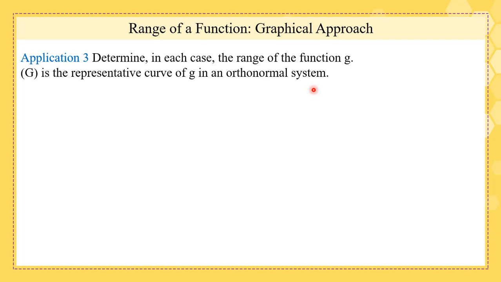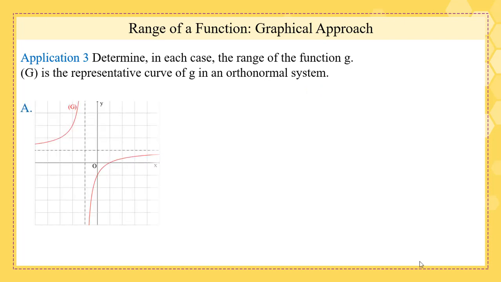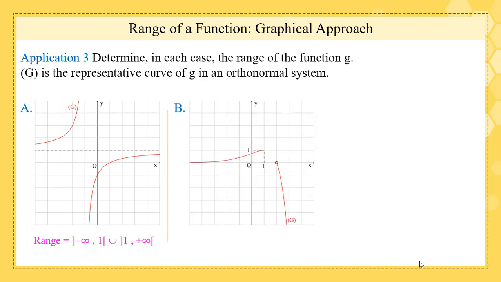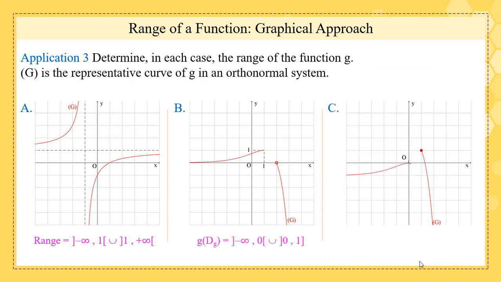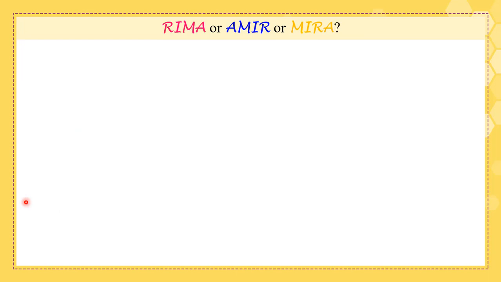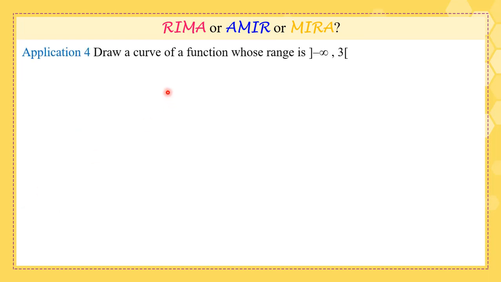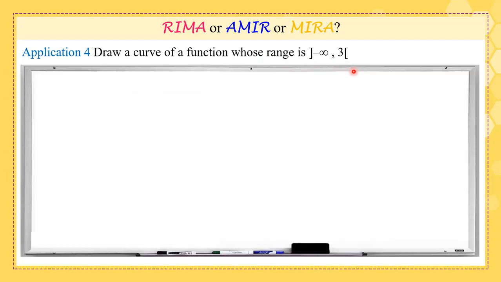Now determine the range of the function g. Okay, Rima or Amir or Rami, we need to draw a curve of a function whose range is negative infinity 3 opened.